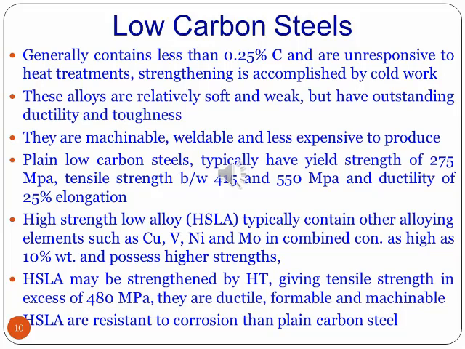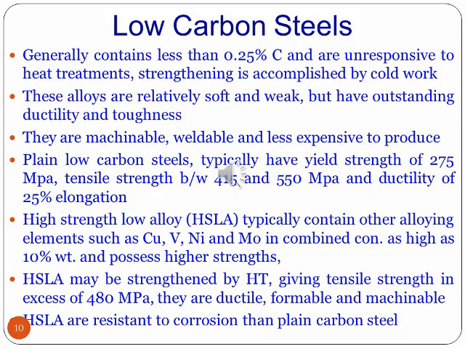High strength low alloy steel or HSLA typically contain other alloying elements like copper, nickel, molybdenum, vanadium, etc. in certain combined concentration up to 10% weight of the actual steel and they possess better strength.